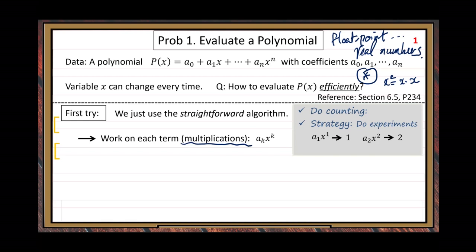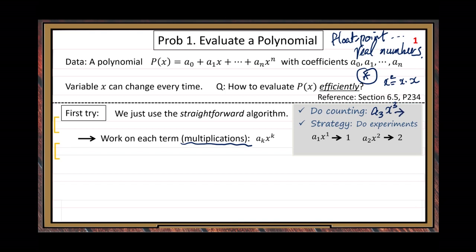Can you see something after these 2 experiments? If not, let's try another one. Let's look at k equals 3. a3 times x cubed. How many multiplications?